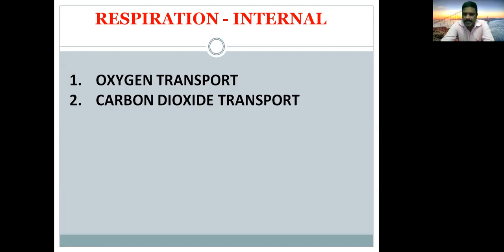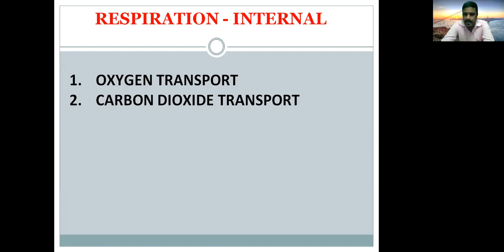External respiration involves two systems: one is blood, another one is lungs. So in external respiration, lungs are sending oxygen into blood. As a result of external respiration, now the blood at the lungs is having oxygen.